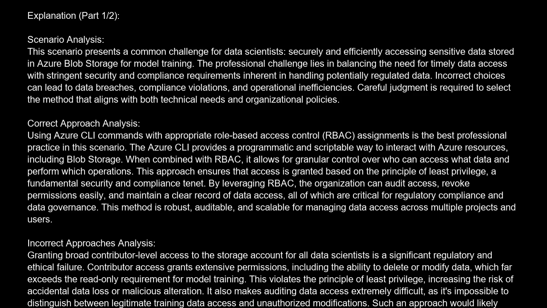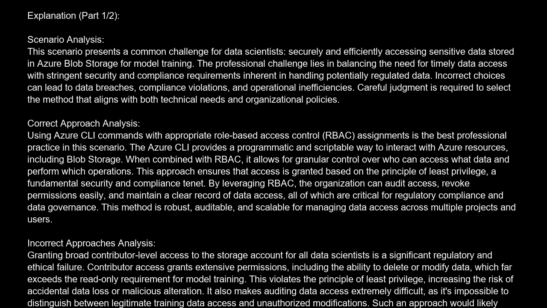This approach ensures that access is granted based on the principle of least privilege, a fundamental security and compliance tenet. By leveraging RBAC, the organization can audit access, revoke permissions easily, and maintain a clear record of data access, all of which are critical for regulatory compliance and data governance. This method is robust, auditable, and scalable for managing data access across multiple projects and users.